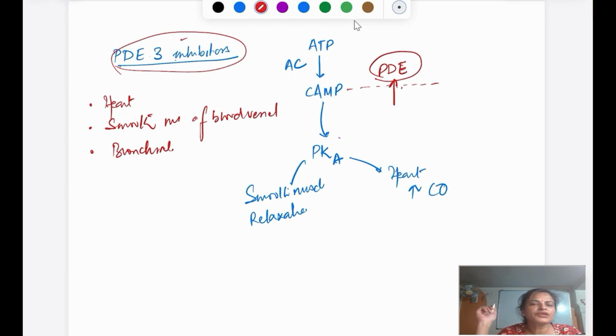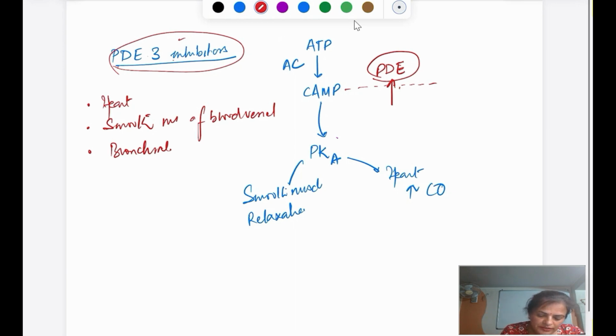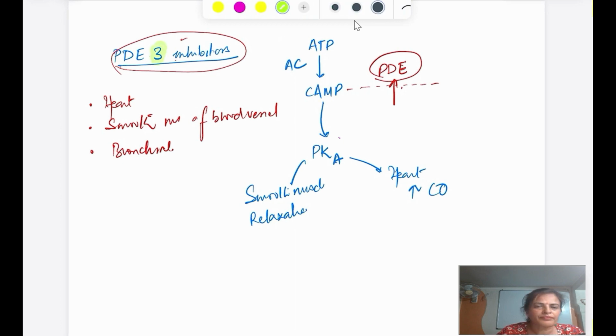So these are the 3 important sites where this enzyme phosphodiesterase 3 is present. Now this cyclic AMP is degraded at these 3 sites, heart, smooth muscles of blood vessels and bronchi, by phosphodiesterase 3 enzyme.